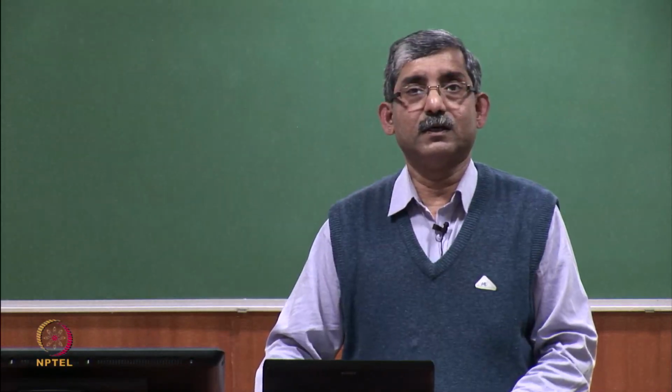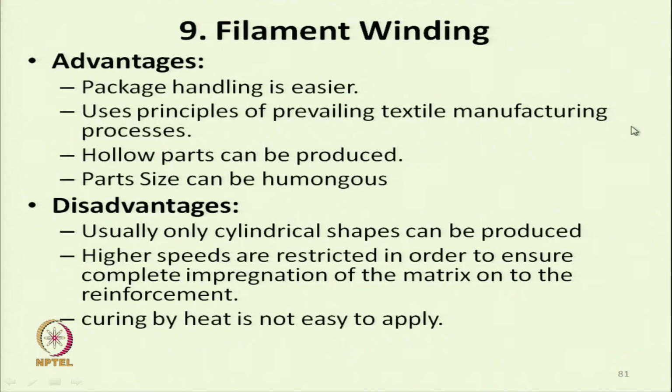So, here the textile manufacturing process, the normal winding process, can be used, only hollow parts can be produced here. We cannot produce any other part. So, the main disadvantage is only cylindrical shape can be produced here.